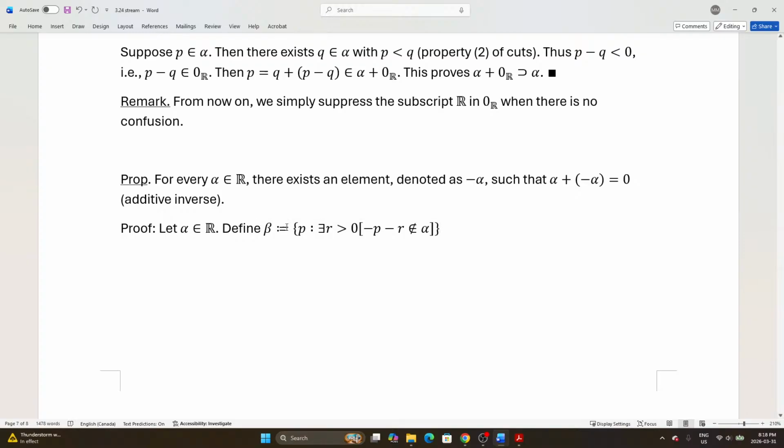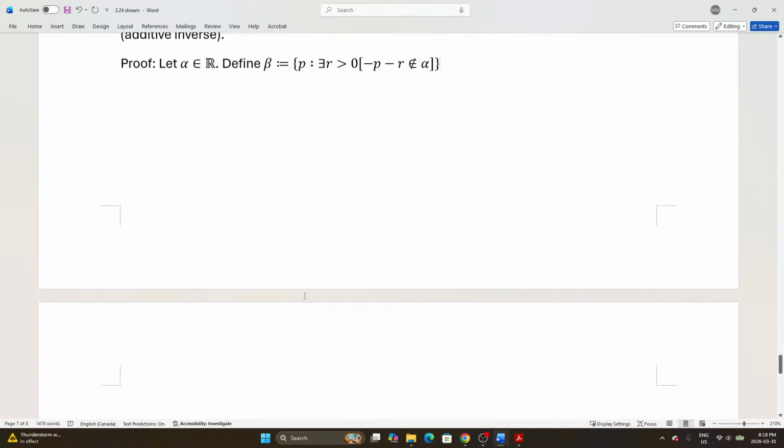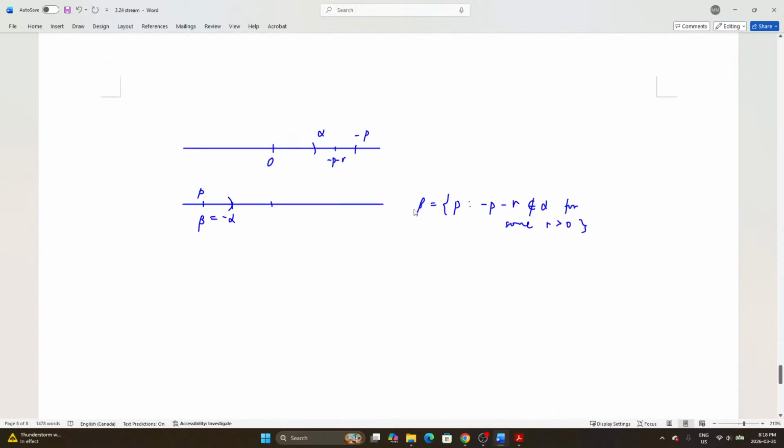We want to show that this satisfies alpha plus beta equals 0. Also we need to show this is actually a cut.